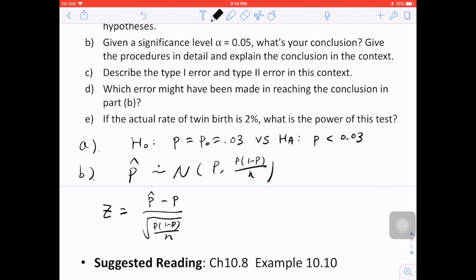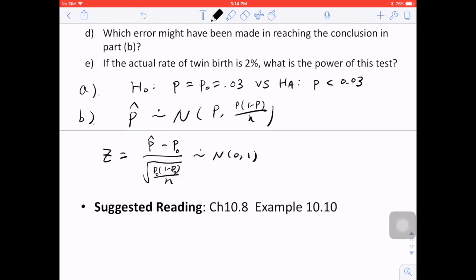Under the null hypothesis, p should be equal to p0, which is 0.03, so you need to plug in the value of p0. Then z approximately follows the standard normal distribution.